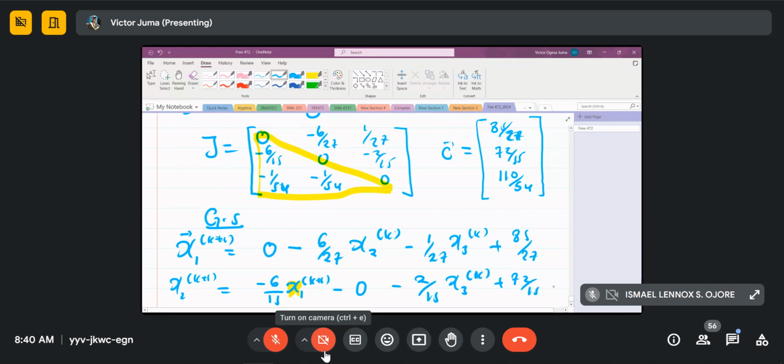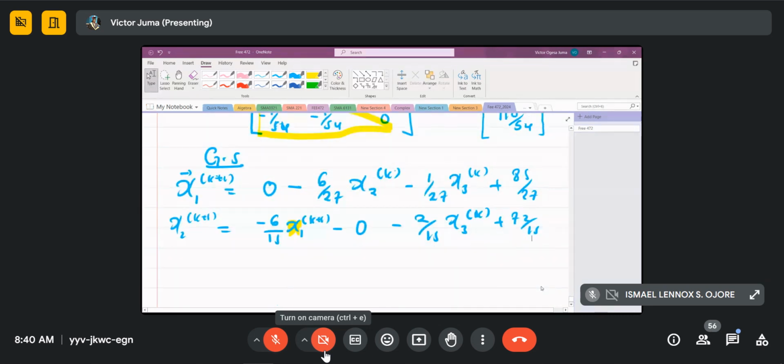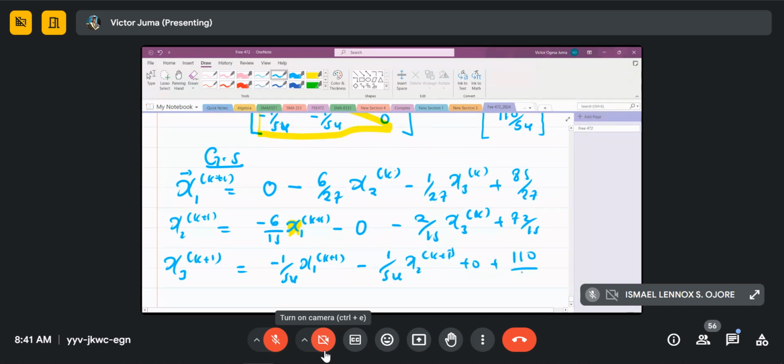Feel free to write this in matrix form so that you have just L multiplied by x. Then x3^(k+1) is the same as negative 1 over 54 x1^(k+1), and then minus 1 over 54 x2^(k+1) plus 0, and then plus 110 over 54.